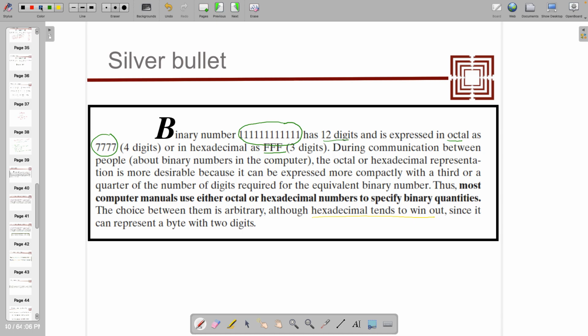But still people are using octal also, and other systems also. Depending on you as a hardware designer, you can use whichever one you want. And that's why we studied octal and hex from the binary system.